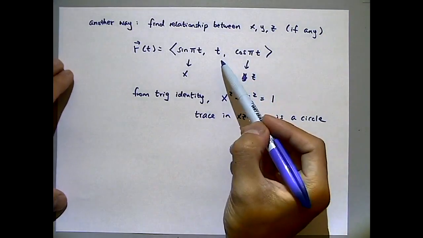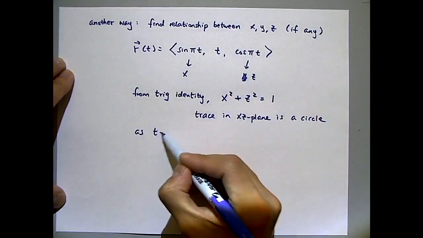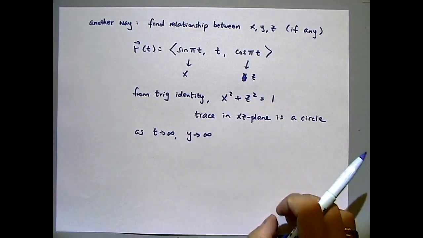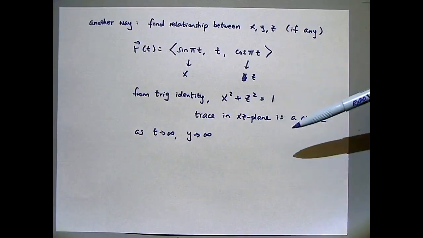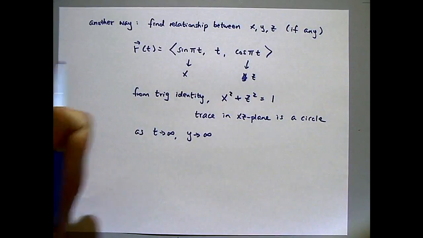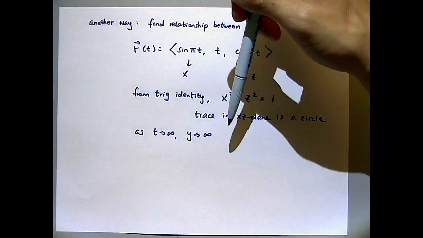Now the y component is growing with t. And now knowing these two things, we see that we're going to see a bunch of circles in the xz plane, but this circle will be stretched out and moving along as t goes to infinity.